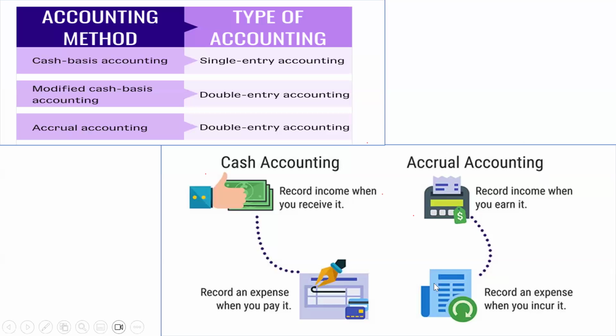That is called the accrual concept. Whereas in the cash accounting method, it is immediate action. When you receive money, you record it in the books of account, and when you pay money, you record the transaction in the books of accounts. That is called the cash accounting method.